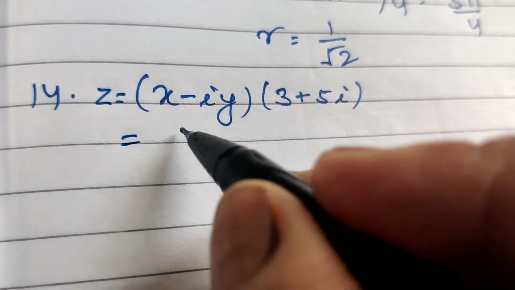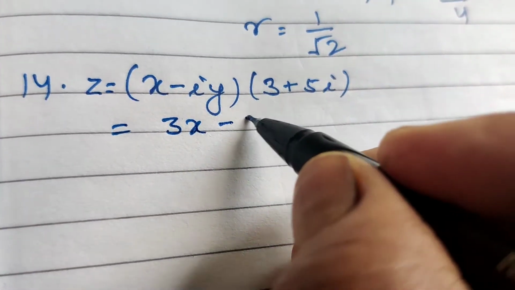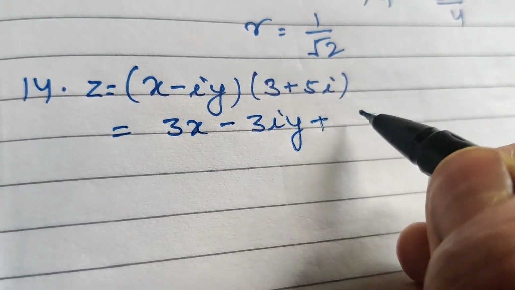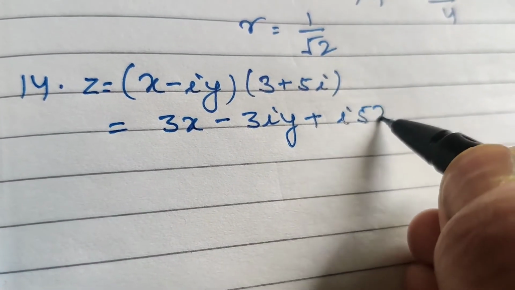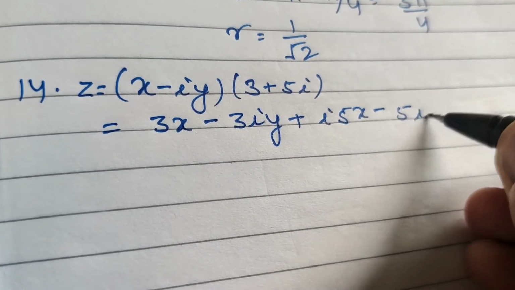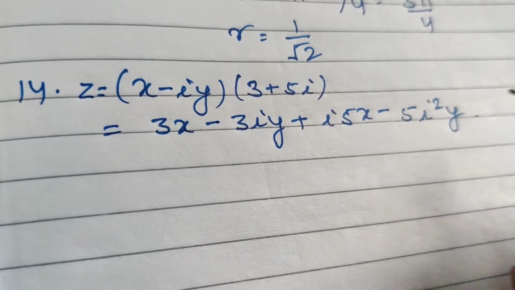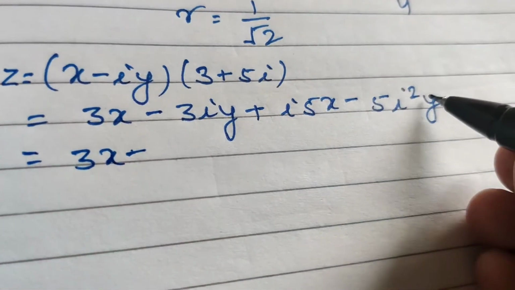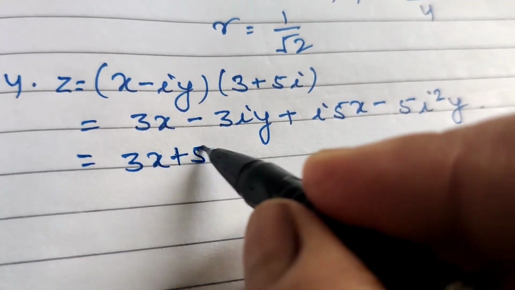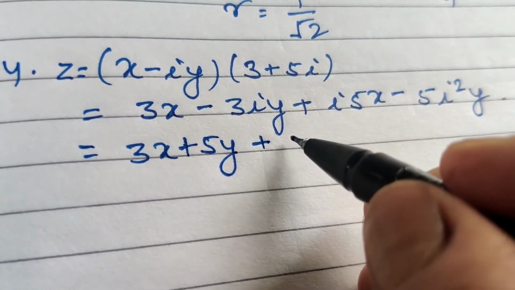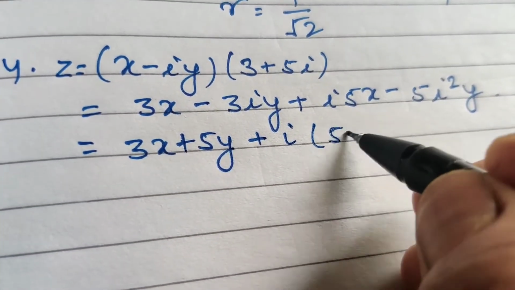Now multiply: 3x minus 3iy plus 5ix minus 5i square y. It means 3x plus 5y, as i square equal to minus 1, and plus i times 5x minus 3y.